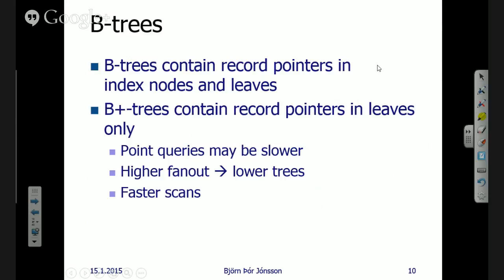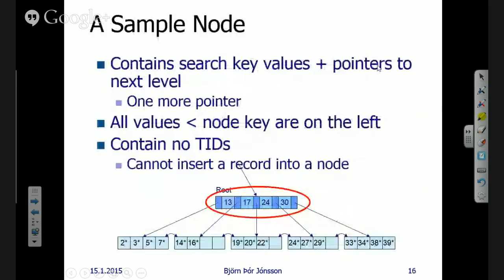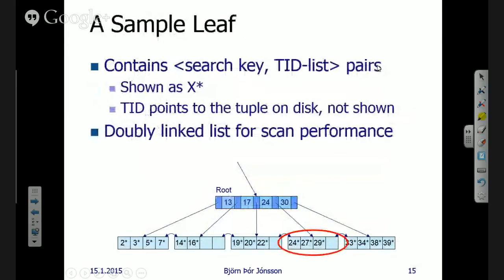So actually, I just want to go and show you some examples, and then we'll talk about some of the details. So this is a sample leaf. It has a search key, which in this case could be something like ID, and then a list of all the records that have this ID. And you can see that this tree has a doubly linked list.